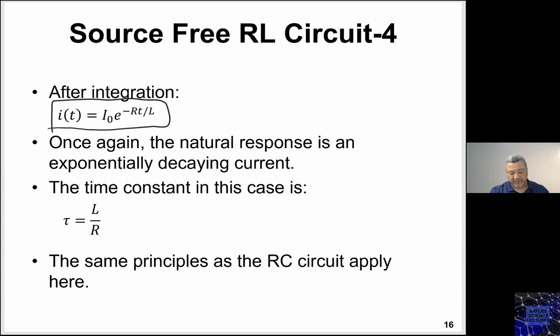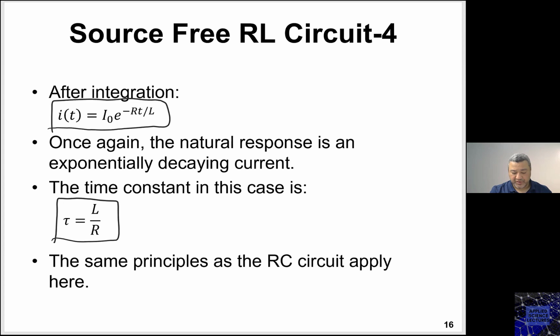With one difference here, that the tau for the RL circuit is not RL, it is L divided by R. This is the tau, the time the current reaches 36.8% of the initial current. So the same, right? Tau is the time the response reaches 36.8% of the initial current.